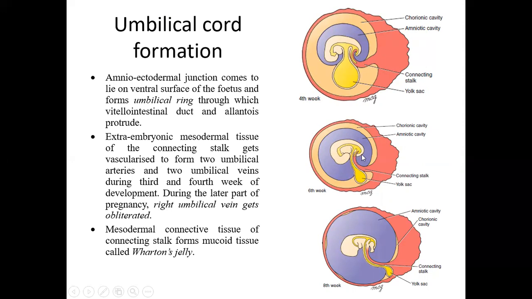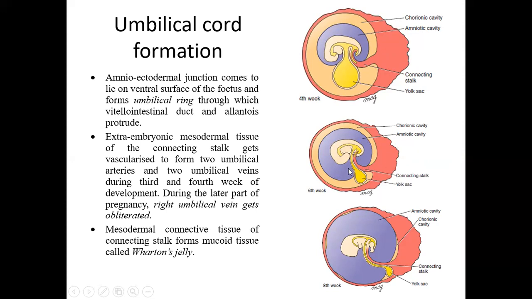So the umbilical ring is protruded by the umbilical vesicle or vitellointestinal duct and the allantois. Now the extra embryonic mesodermal tissue of the connecting stalk also gets vascularized to form the two umbilical arteries and two umbilical veins during the third and fourth week of intrauterine life.